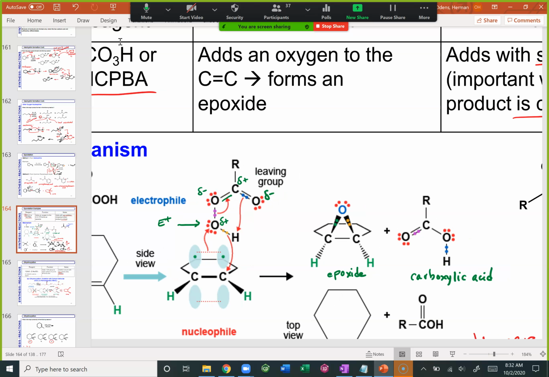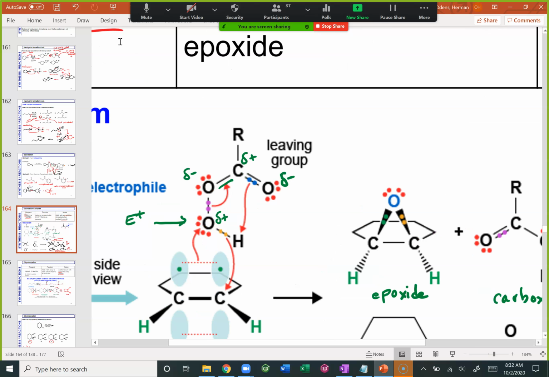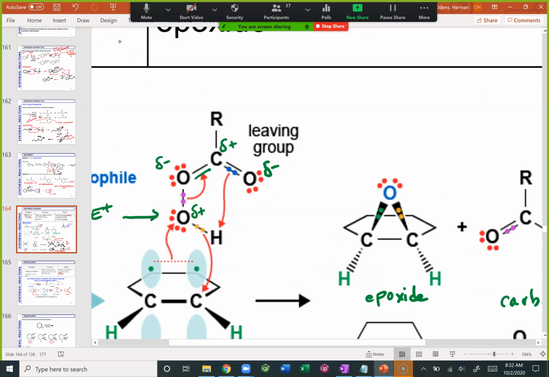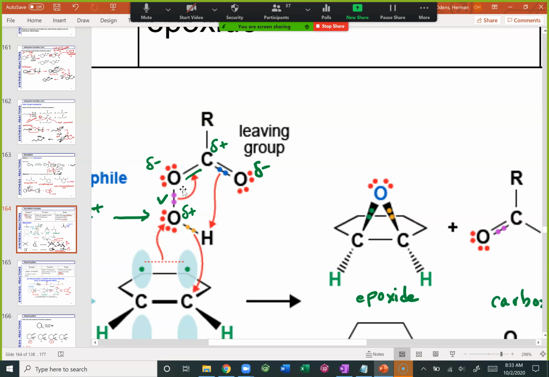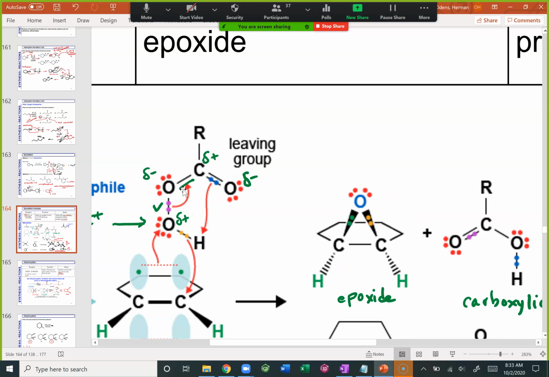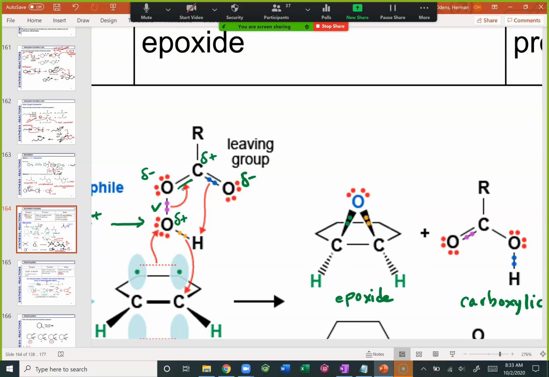Check out what happens here. We made the double bond here. Notice that it's color coded with the electrons that were purple. These electrons that are purple right here are now here. Let me make this smaller. The blue electrons grab this H, so they're right there.